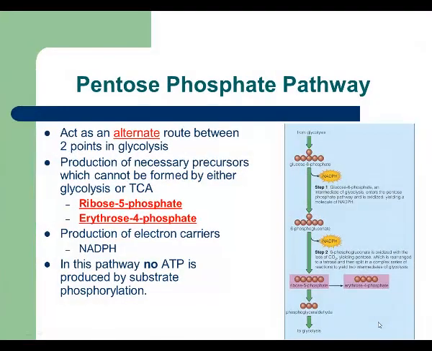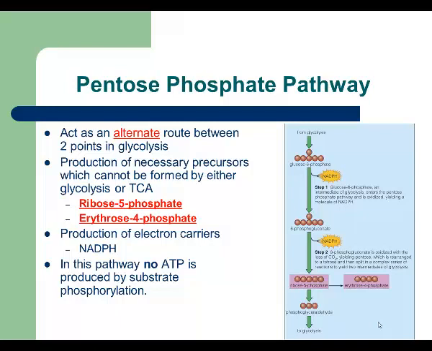And the last catabolic pathway is called pentose phosphate pathway. What you have to remember about this pathway is that the substrate for pentose phosphate pathway is glucose again. And also you have to remember that pentose phosphate pathway is an alternative route between 2 points of glycolysis.